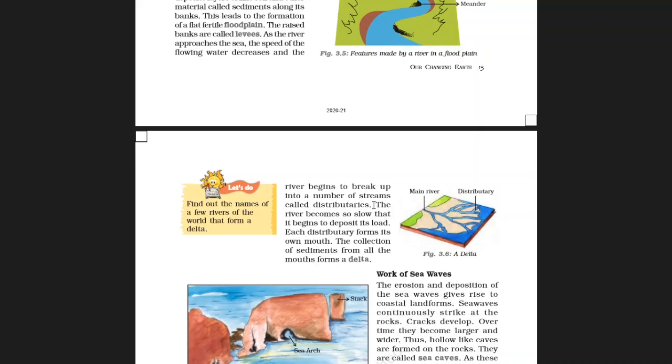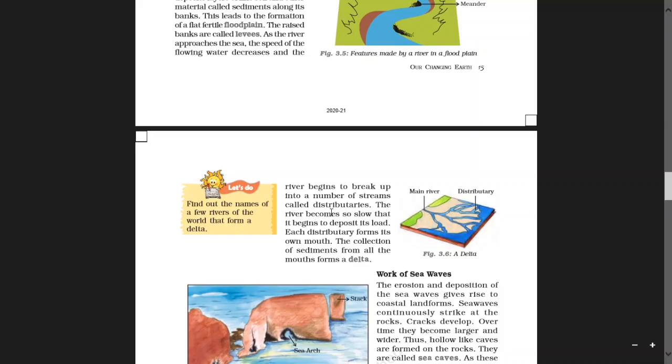As and when it approaches the sea, the speed of the flowing water goes down, it decreases, and the river starts to break up into a number of streams called distributaries. A distributary is a branch of a river that does not return to the main stream after leaving it.